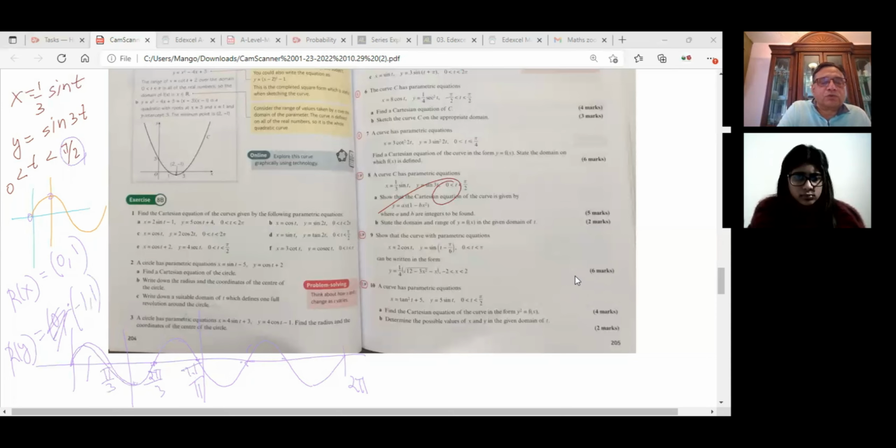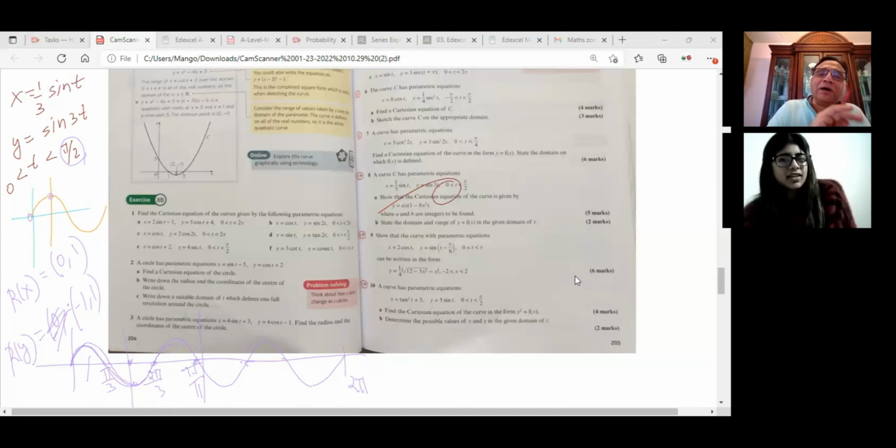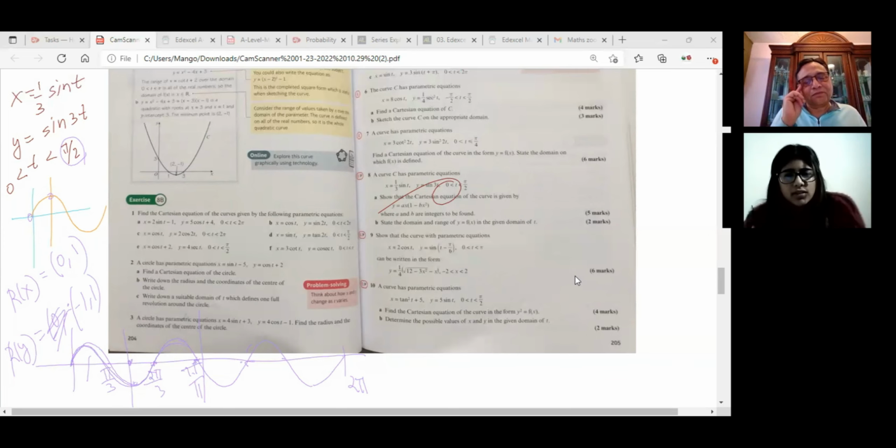So the range of your Cartesian equation is from minus 1 to plus 1.